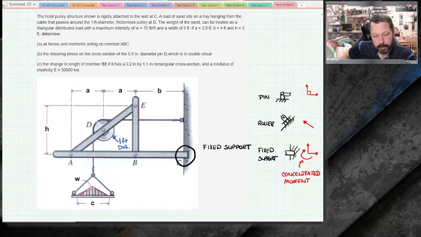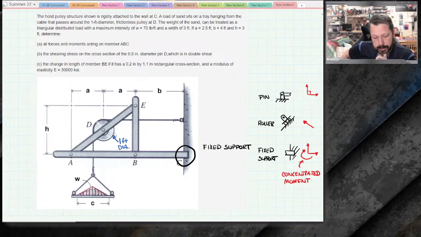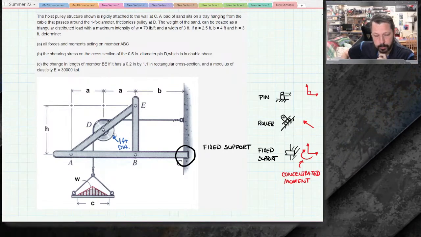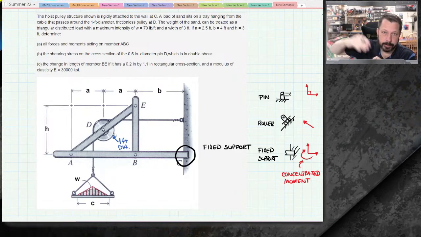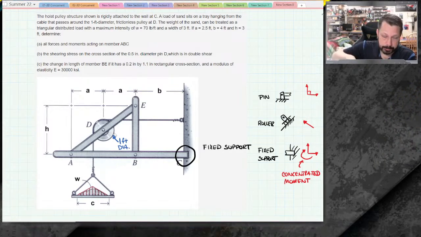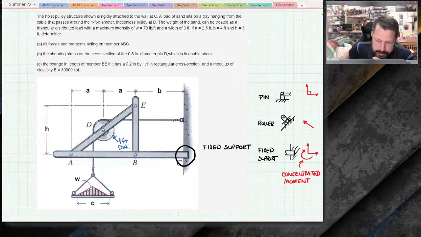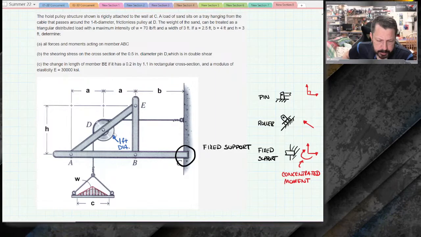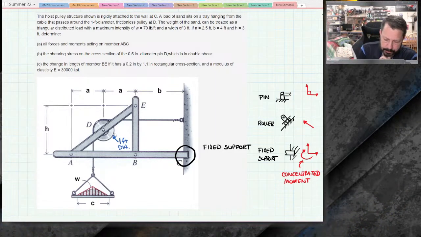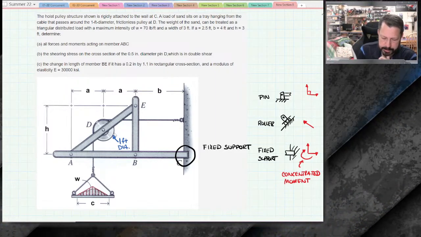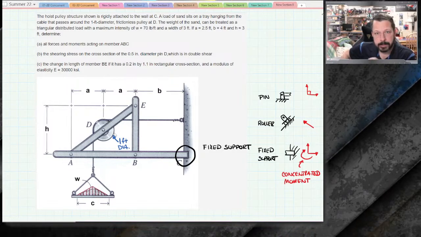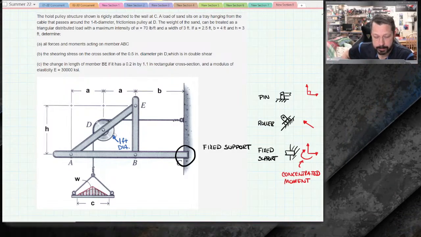So the frictionless part here means that I don't have to worry about the cable tension on one side of the pulley being different from the cable tension on the other side of the pulley. The weight of the sand can be treated as a triangular distributed load. So you can kind of see they overlaid a red set of arrows here that are unevenly distributed. So we can figure out how much the sand weighs with that.